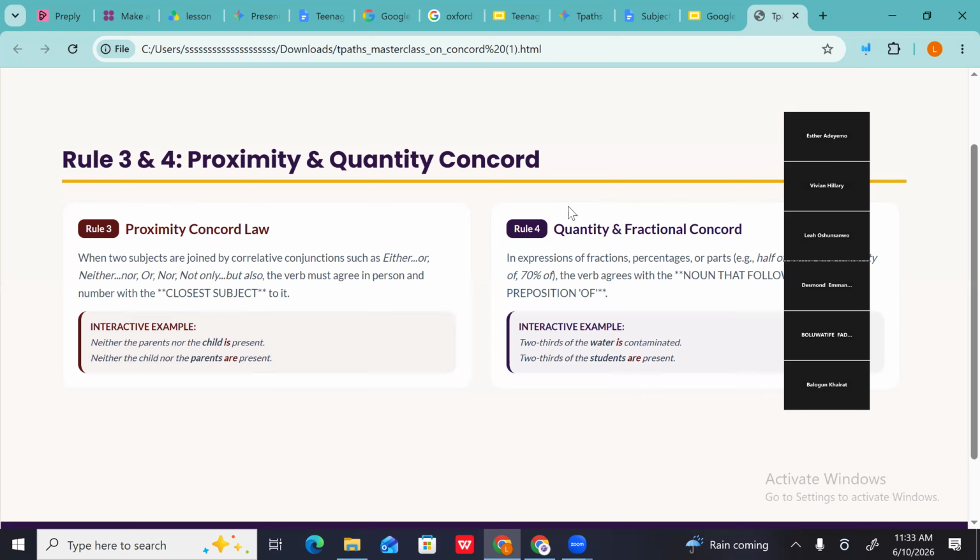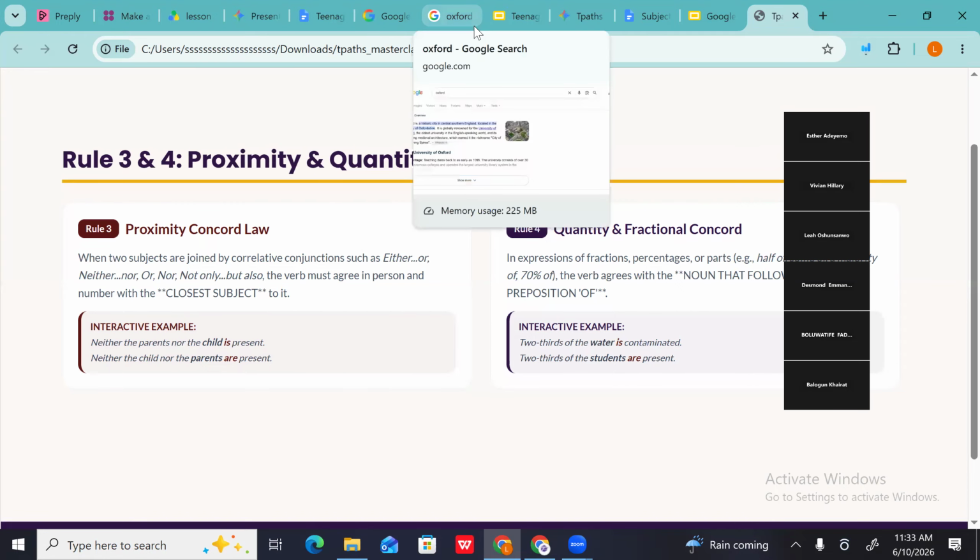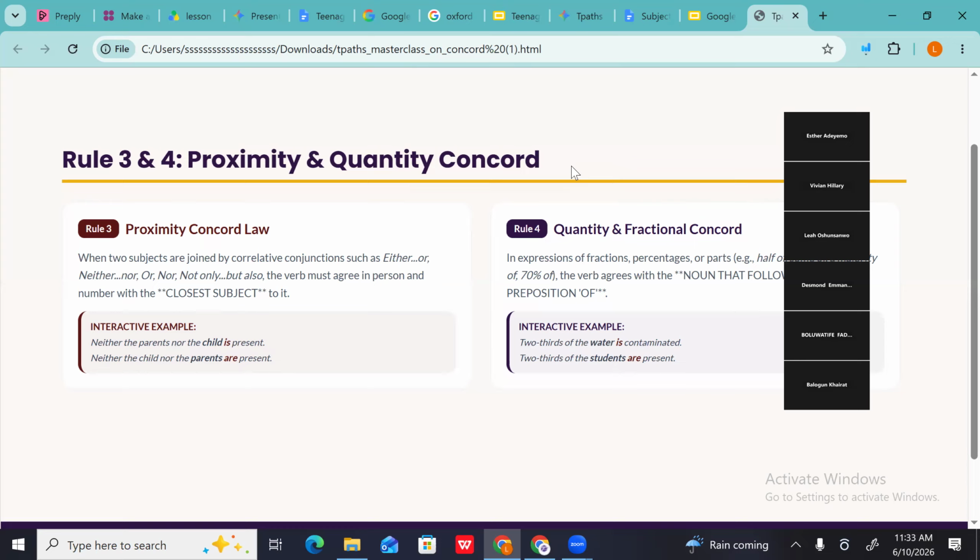So I need the reaction to move on to the next slide. So kindly drop a reaction. Okay. Only Esther. How about others? Seems others don't understand.